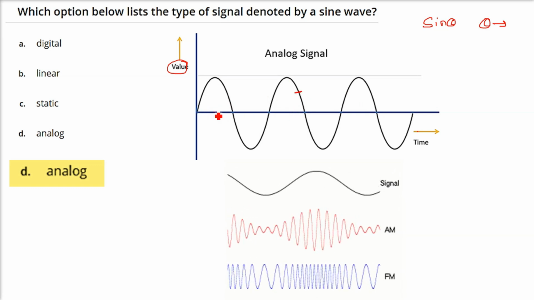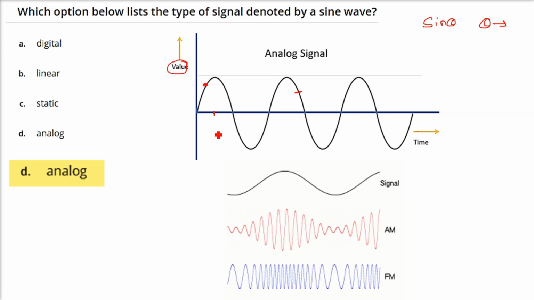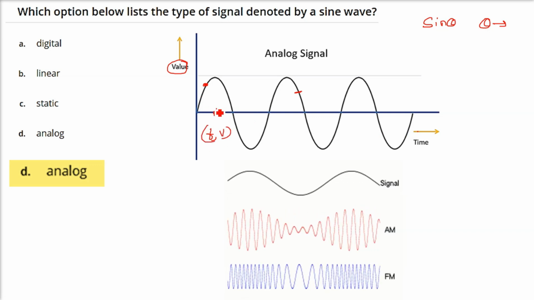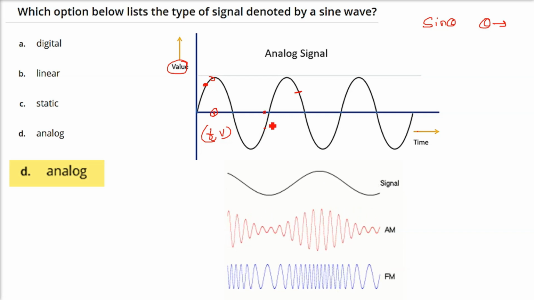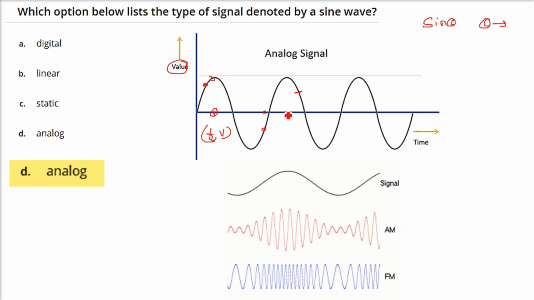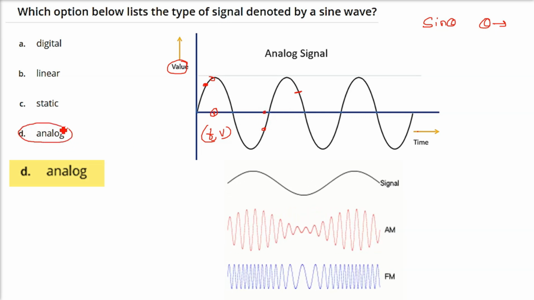Sine waves and cosine waves are all continuous. For every value of t you get some value of v. V can be any value, for example voltage. So every x will have a y value. It will be a continuous, infinite-value kind of representation. So this is a sine wave representing the analog signal. Everything in this world is analog.